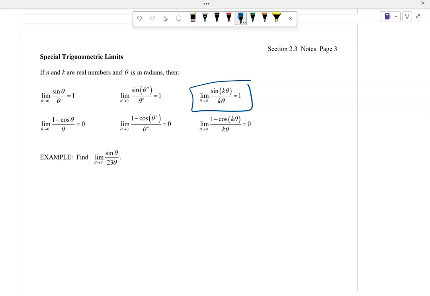So if I'm looking at this, limit as theta approaches 0. Notice I can't throw 0 in for theta because I'd be dividing by 0, right? So I'm going to use this special trig limit, the one that I have in blue up there. Actually, this is a more simple form I can use right there.